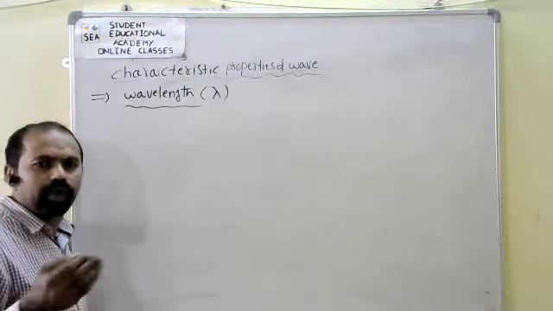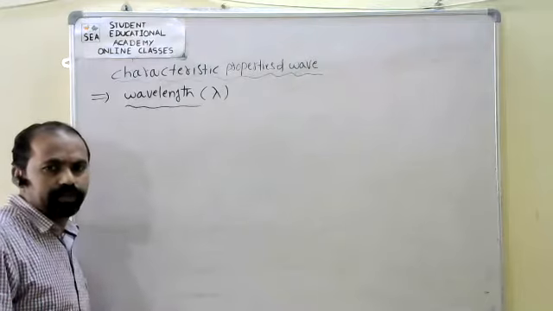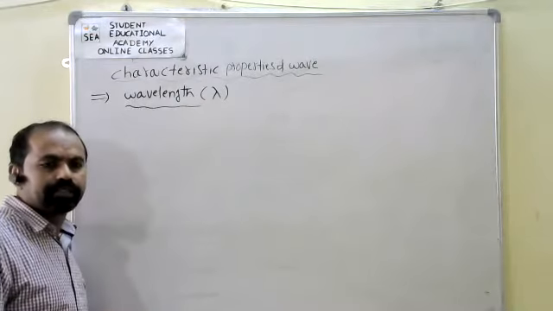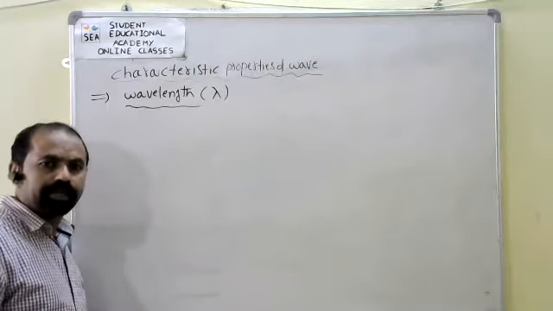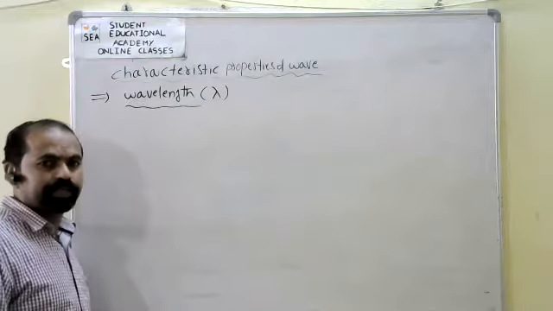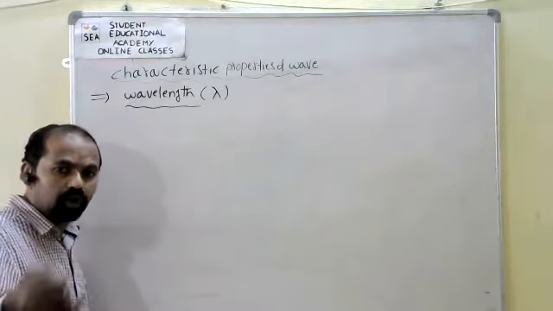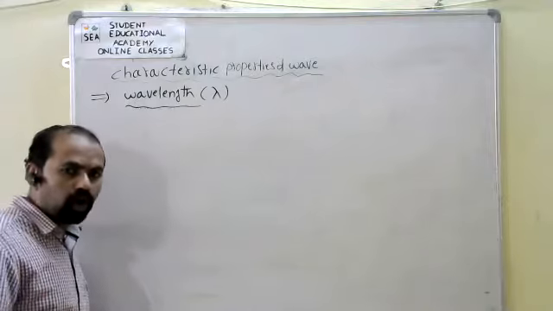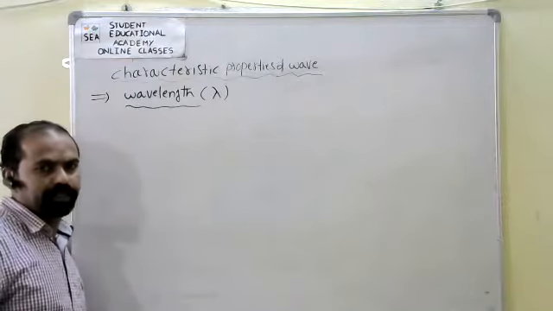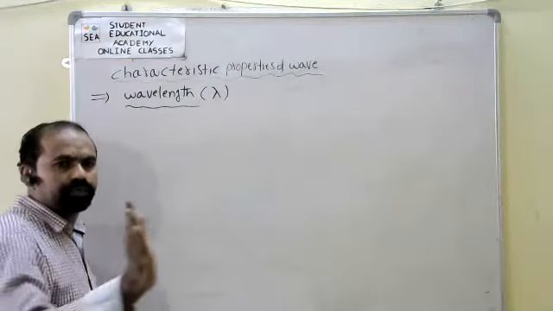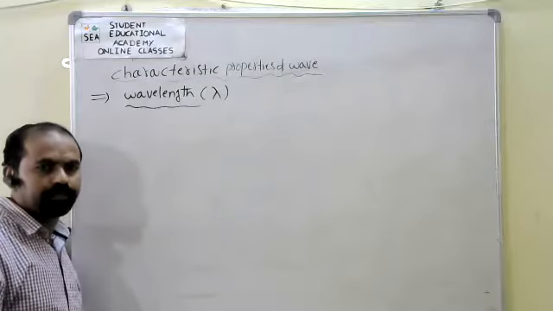The wavelength units are centimeters or meters, angstroms, nanometers, micron, millimicrons, or picometers. These all are units for wavelength.